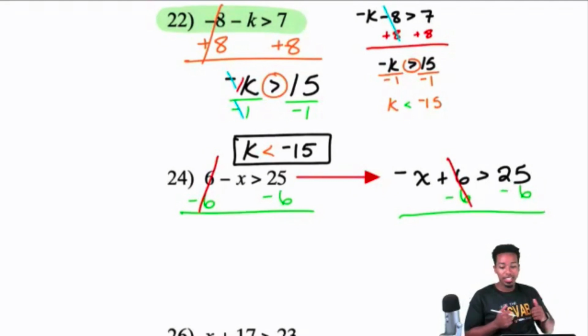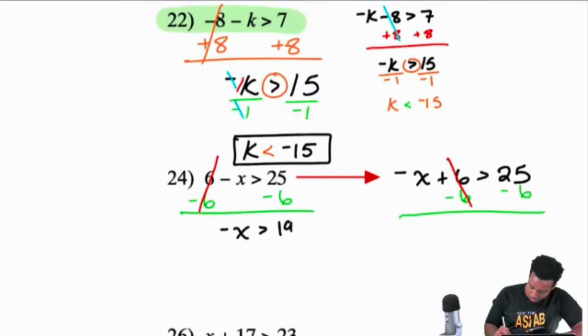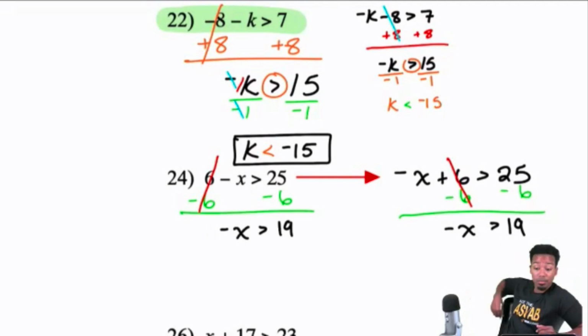That's right. 25 minus 6 is 19. So with that said, we'll have negative x greater than 19. Negative x still greater than 19. Notice right there, my big old head's not in the way of that. It's the same thing. And so because of that, our last step, everybody, will be what?